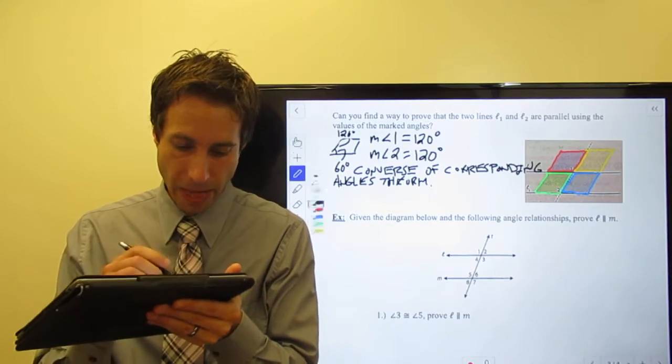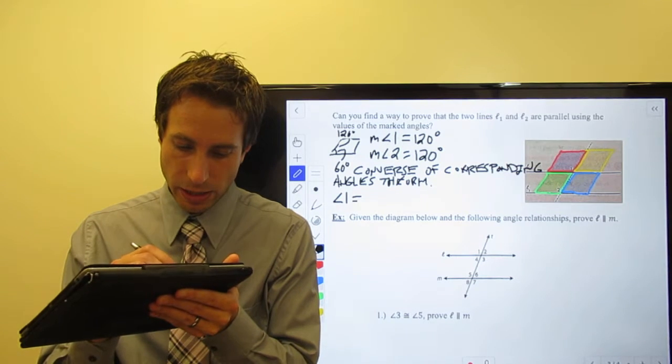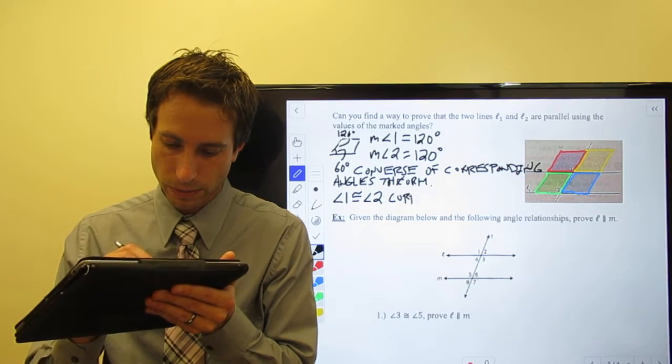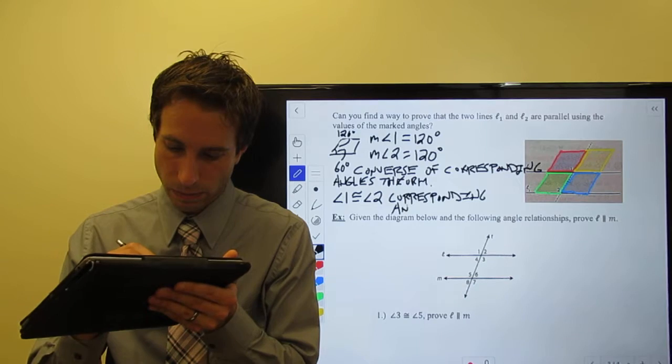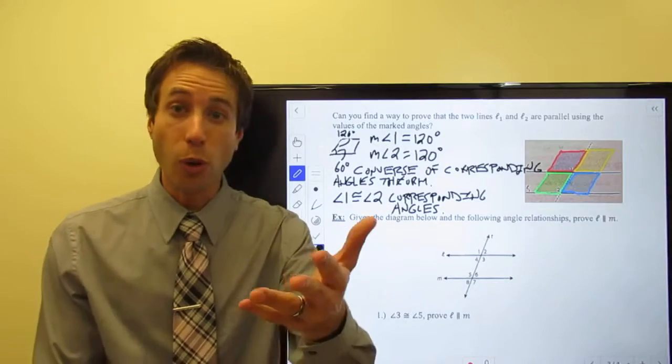So here's what I know. I know that angle 1 is congruent to angle 2 because they're corresponding angles.